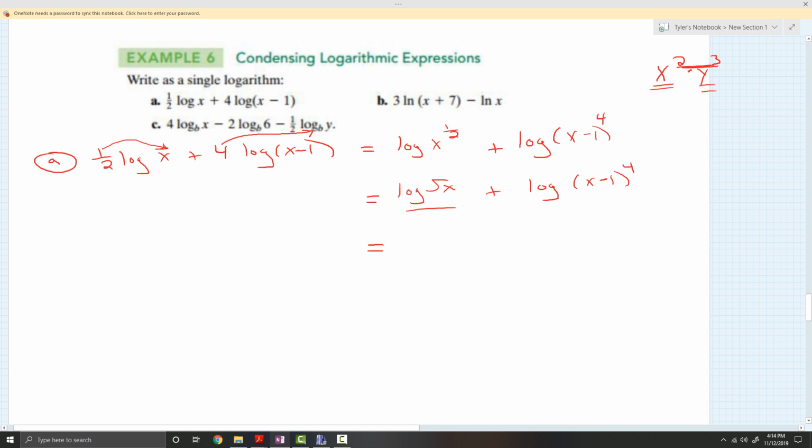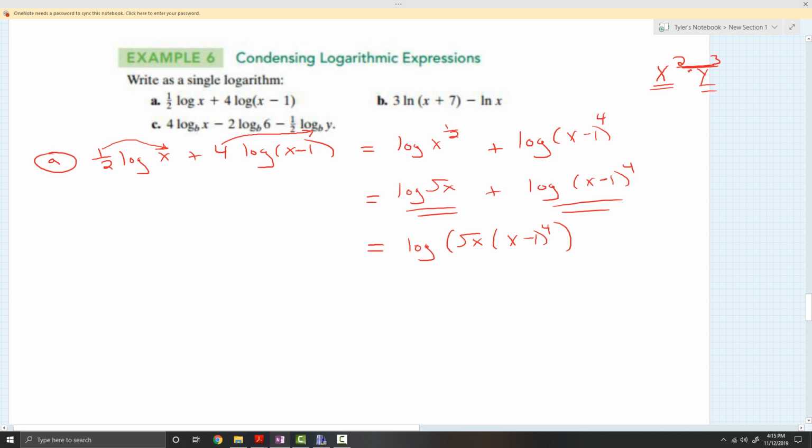And now that I have the same base of the log, and we're adding them together, and there are no factors out in front, now is where it'd be really nice to use that first property we looked at and rewrite it as a product. So this would be log of radical x times x minus 1 to the 4th power.